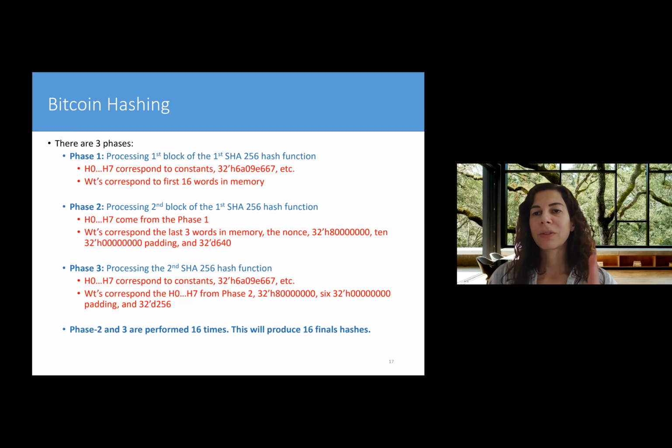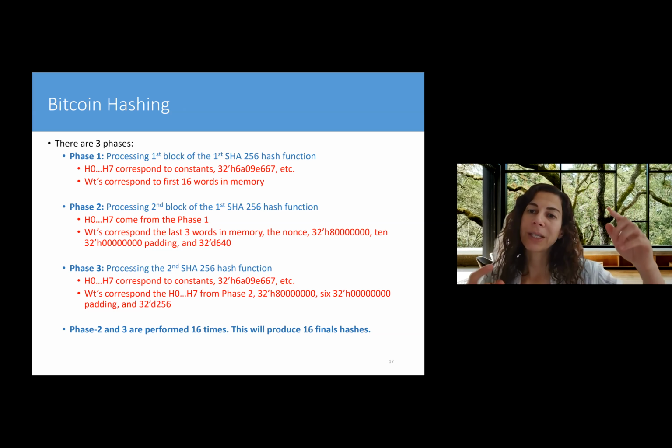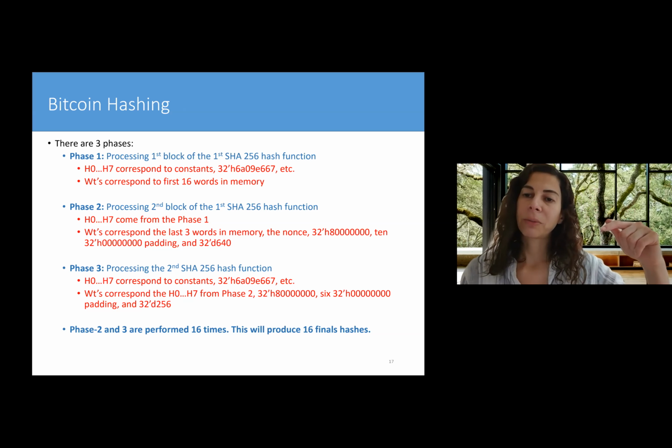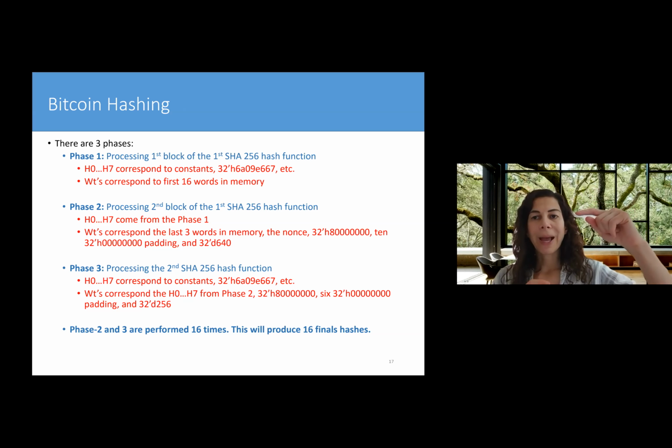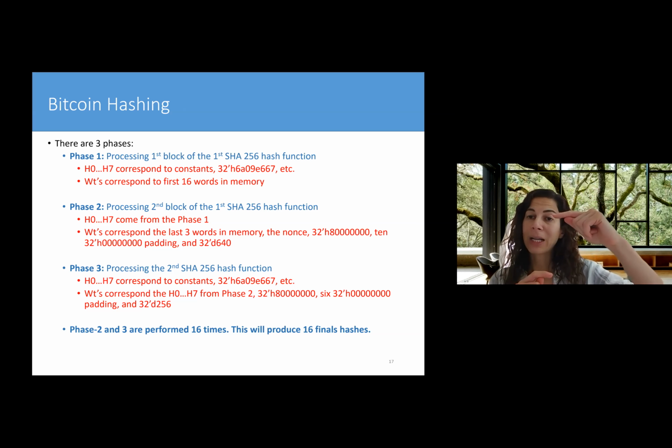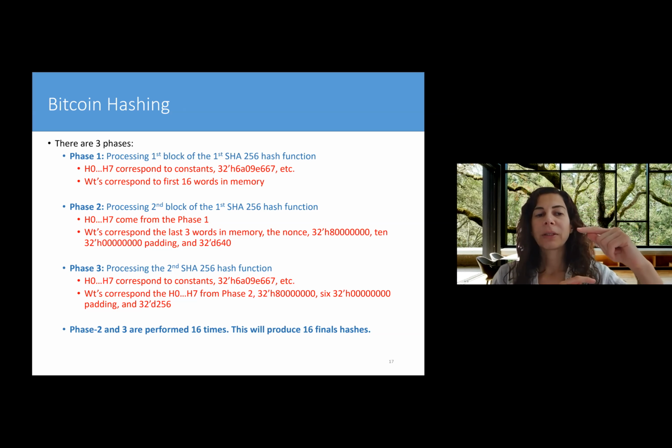And remember, this is hashing, so we need to chain this. For the rest of the block, because we are considering 640 bits as one block, we use the hash of the first block, which is constant. For each of the nonces that we add, the processing of the second block gets the results from the first SHA-256 function, so the initial values come from the output of phase 1.